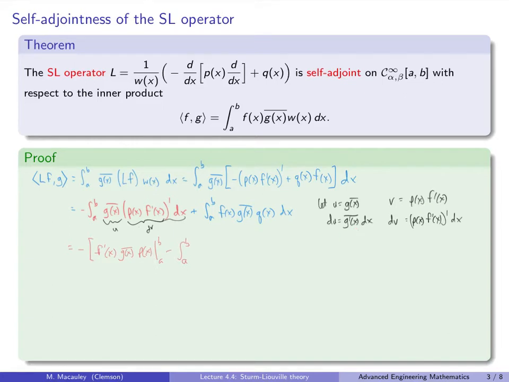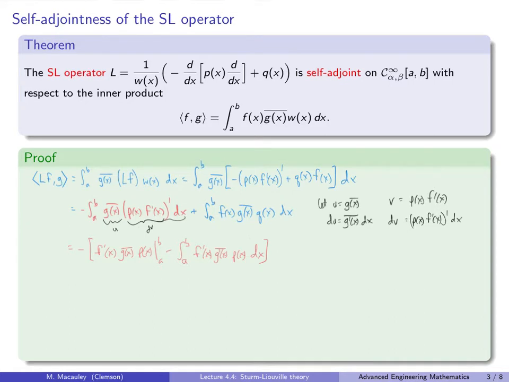I'm also going to alphabetize this. This is f prime of x, g prime of x bar, p of x dx. Okay, so this integral turns into this.